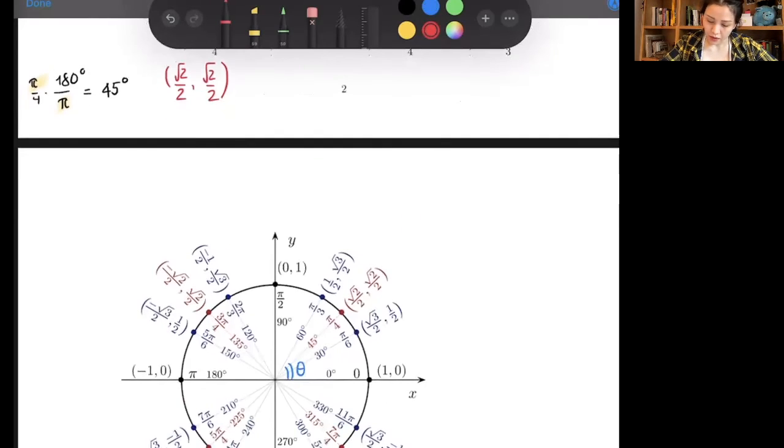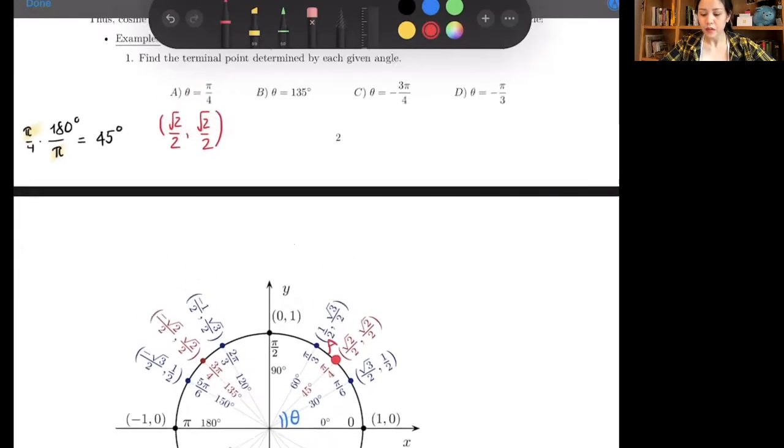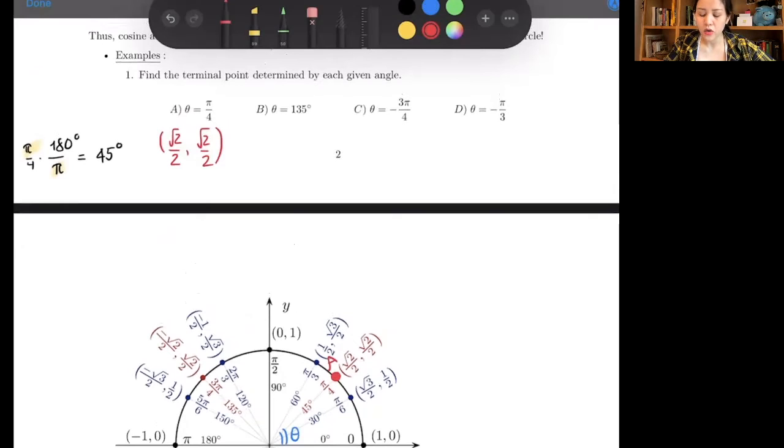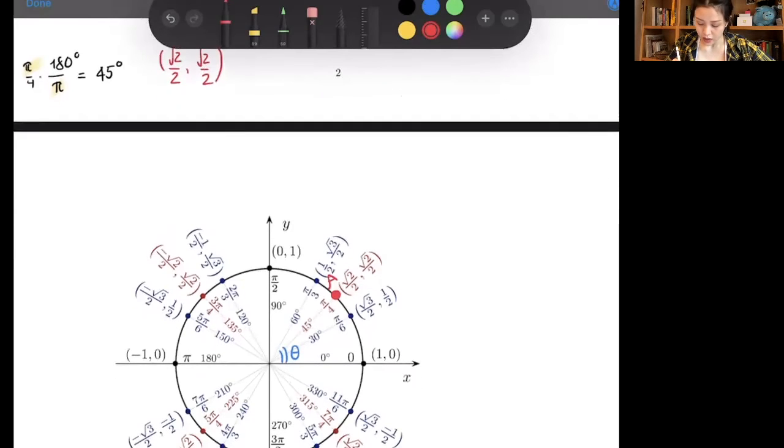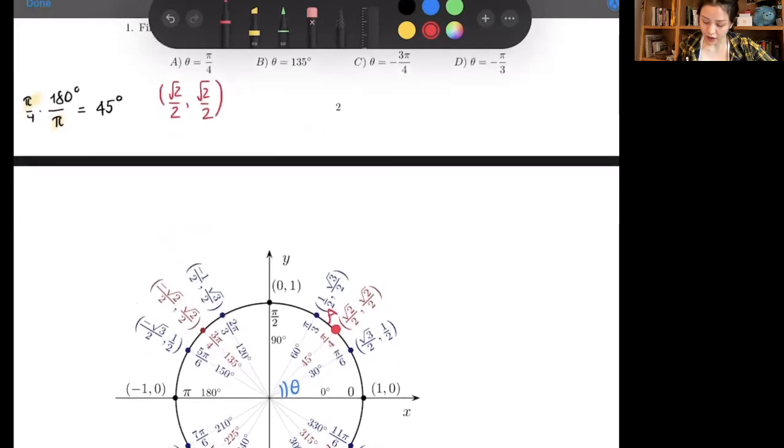And then I'm going to denote this in red. So that's point A. Point B is when theta equals 135 degrees. Again, we go counterclockwise, because they're giving you a positive angle. So 135 degrees is right here.